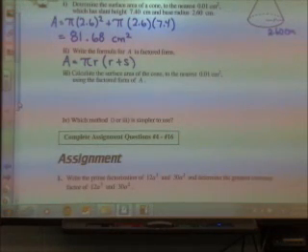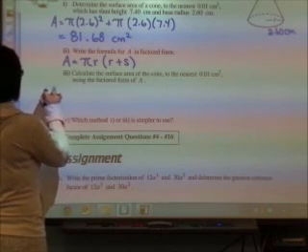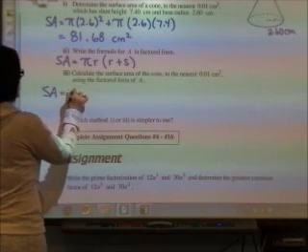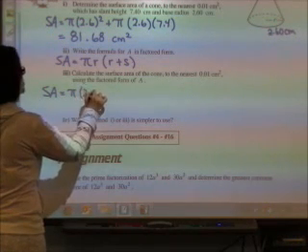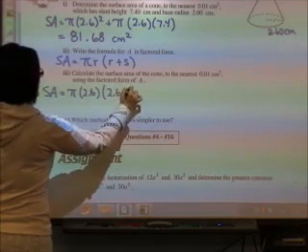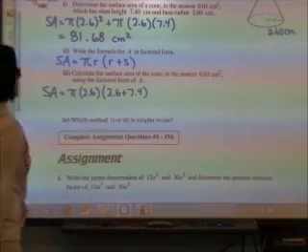So we are going to use this formula to calculate the surface area. I guess I should put SA. So surface area equals pi times r, which was 2.6, times 2.6 plus 7.4.